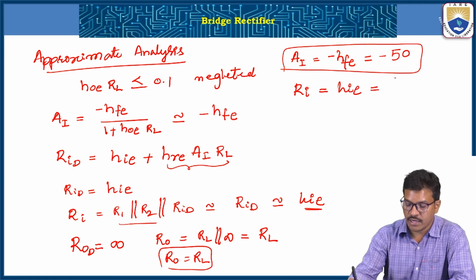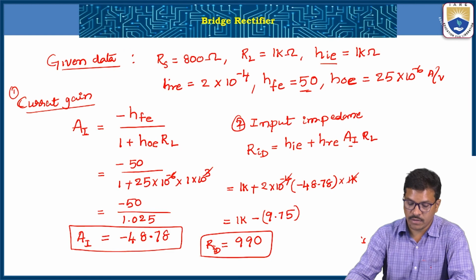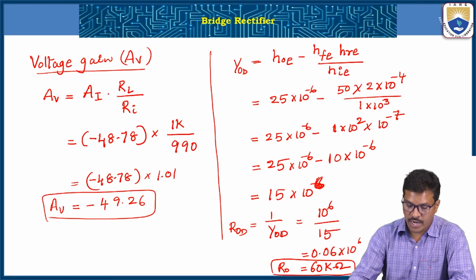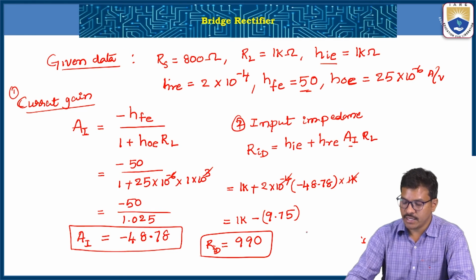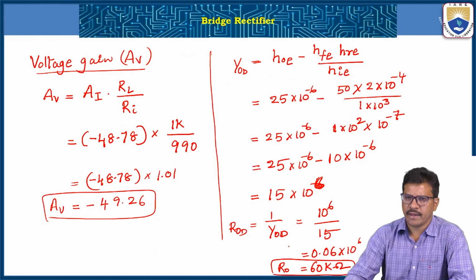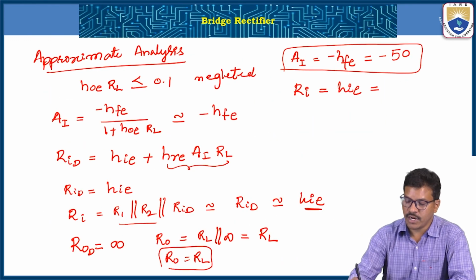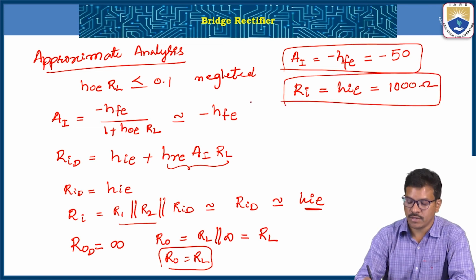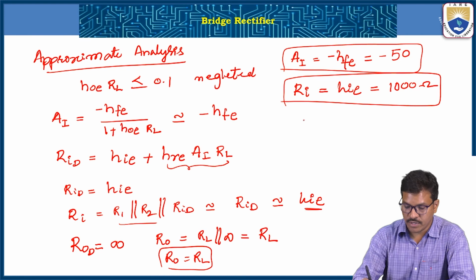What is HIE here? In the given problem, HIE is equal to 1 kilo ohm. In the exact analysis you will get 990, but in the approximate analysis you will get the same 1 kilo ohm, that is 1000 ohm, approximately 1000. And input impedance is over.